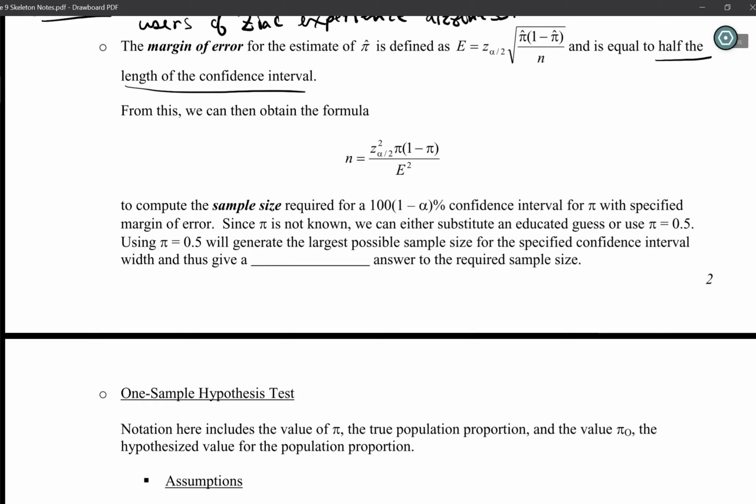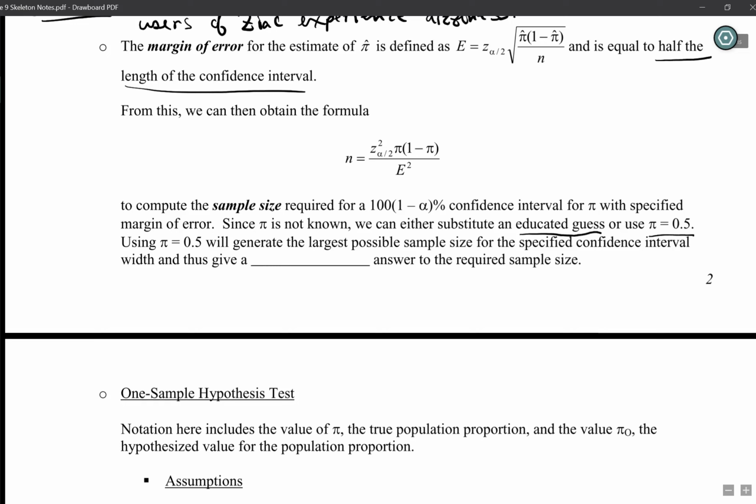All right, sample's not been taken. So what do we do with this? What do we plug in here to get a sample size that will give us a sufficient margin of error? You can substitute an educated guess, or you can use the value 1/2.